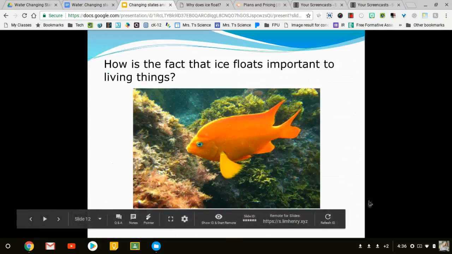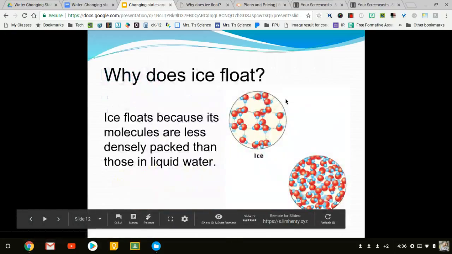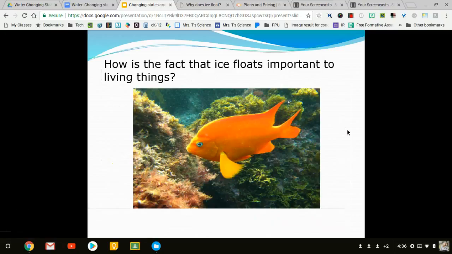So, our last big idea here is that the fact that ice floats is really important to living things. Think about how nature would be changed if ice were not less dense than water.